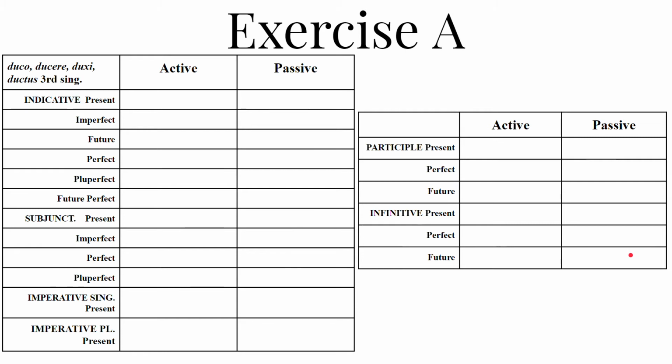Ductum iri. For the imperatives, duco is irregular. I chose it because it is one of the few irregular imperatives in Latin. You remember them: dic, duc, fac, and fer. Dic from dico, duc from duco, fac from facio, and fer from fero.